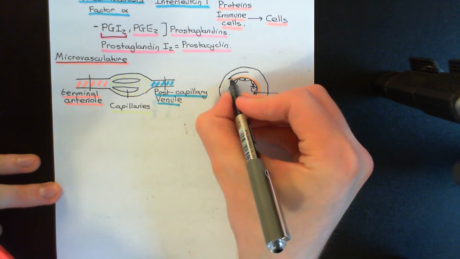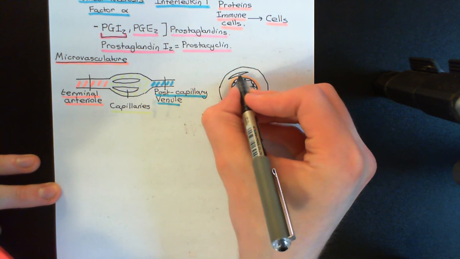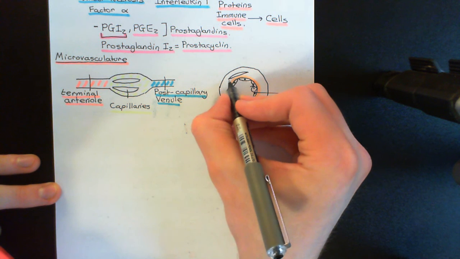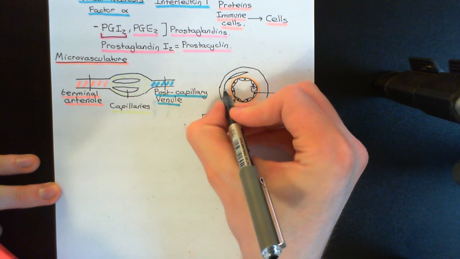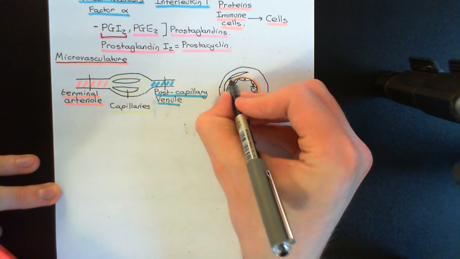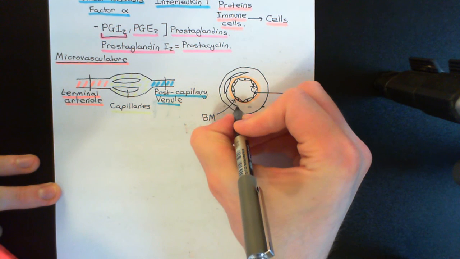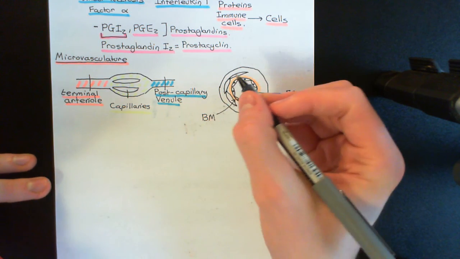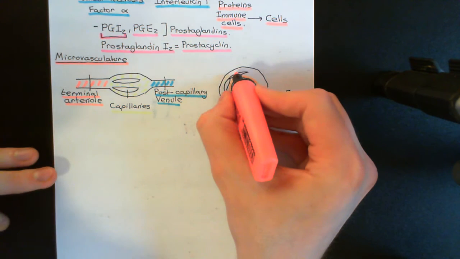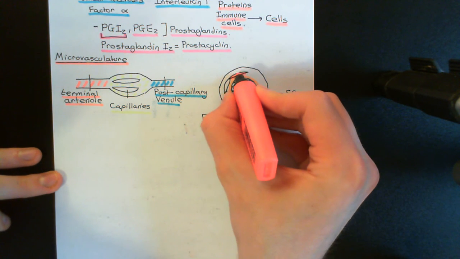So I'll just draw one in, like so. So they have a thick belly and thin ends, that's what spindle-shaped means, and they will be arranged in circles, rings. So you'll have another one here, another one here, and the ring will continue on, so you'll go all the way around the diameter of the blood vessel here.